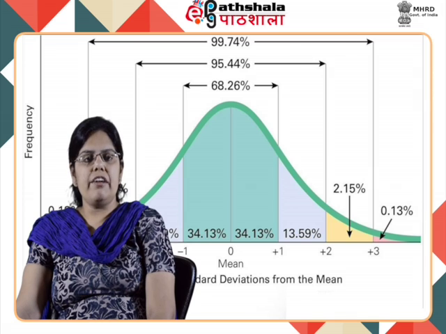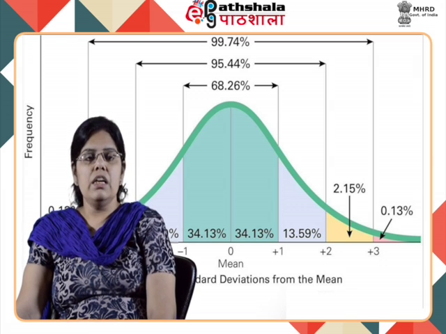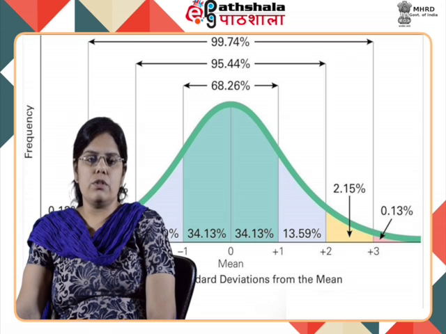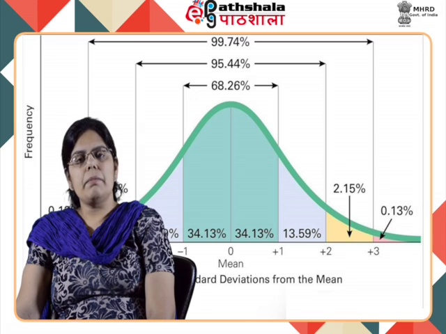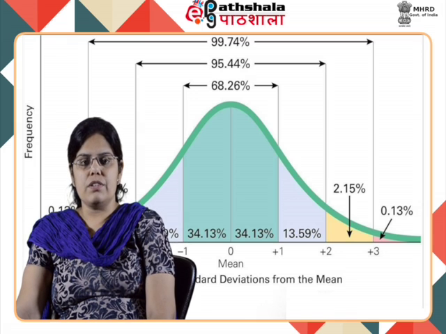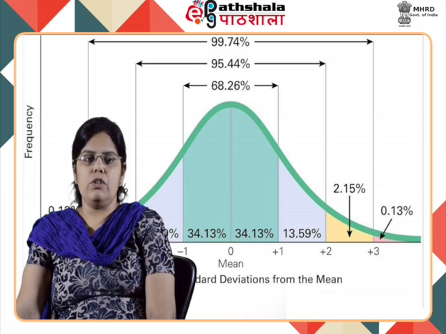About 95% of the total scores occur between the mean and plus minus 2 standard deviations. About 99.7% of the total scores occur between the mean and plus minus 3 standard deviations. Students, I hope that you have now understood the characteristics and the properties of the normal curve.